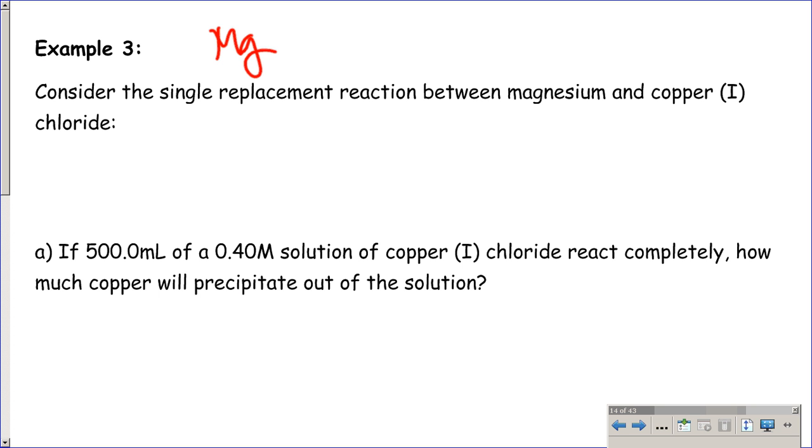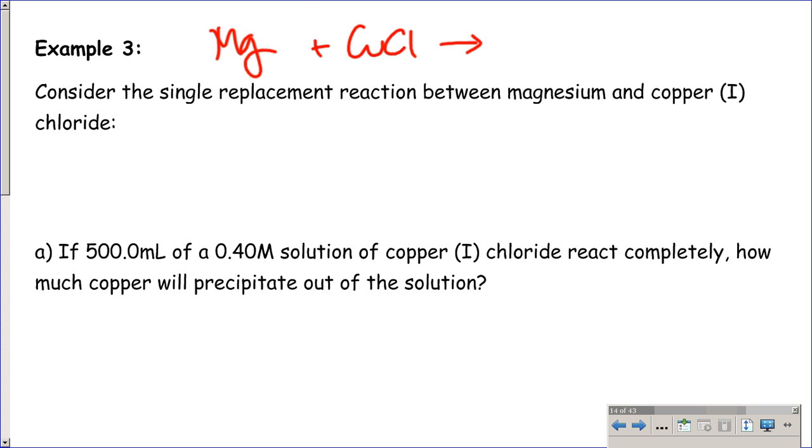Magnesium and CuCl, because we have copper 1, chlorine 1, crisscross down, 1 and 1. Good. And what's it going to replace? So who replaces who? Right, the free element magnesium is active, and it replaces copper out of that relationship.